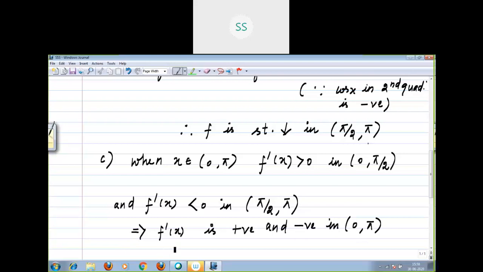The final conclusion is what? We cannot predict that the function is always increasing or always decreasing. The final conclusion is, the function should be represented by f.